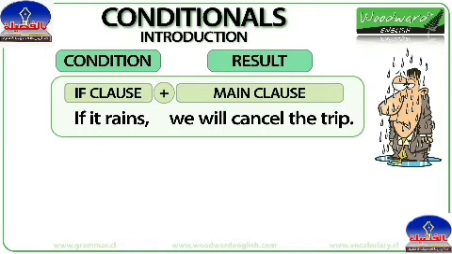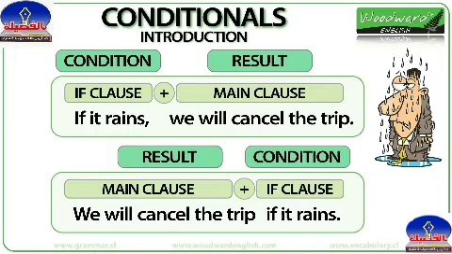Note, there are two ways of ordering a conditional sentence. We can use condition, comma, plus result, with a comma after the condition. Or we could use result plus condition. without a comma between the two. Look at the original sentence. If it rains, we will cancel the trip. Notice how there is a comma after the verb rains, which is the last part of the if clause.